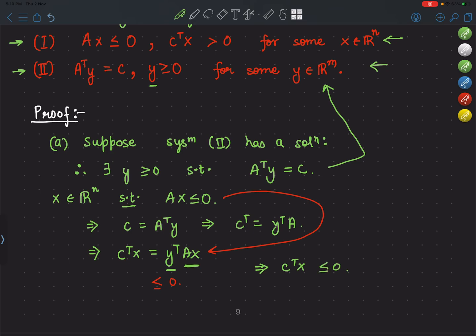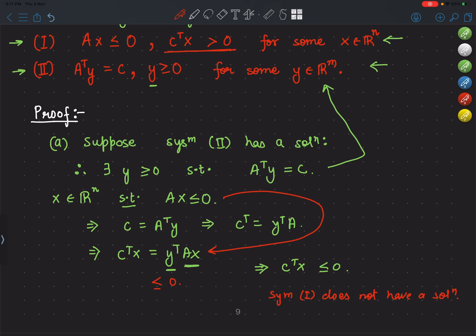So system 1 does not have a solution, because system 1 requires Ax less than or equal to 0 and C transpose x greater than 0. But here we have proven the reverse. So when we assume system 2 has a solution, we have proven system 1 does not have a solution. Correct?